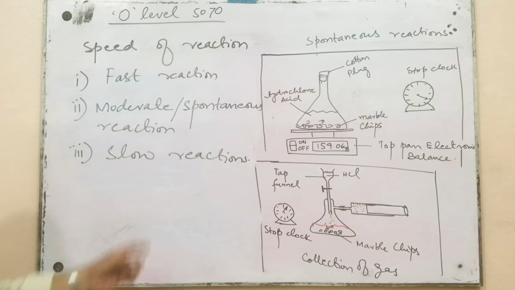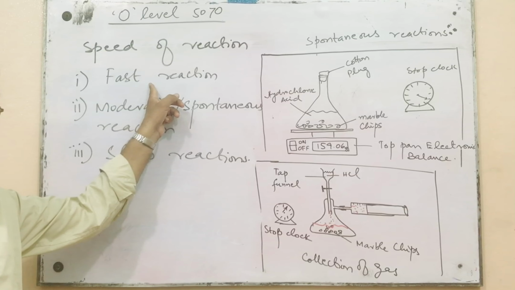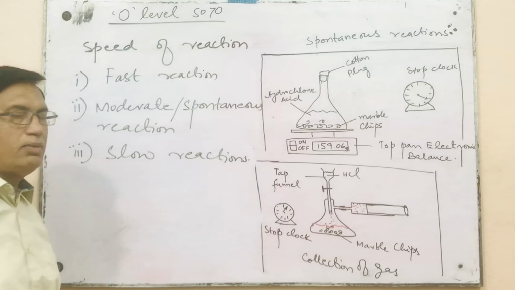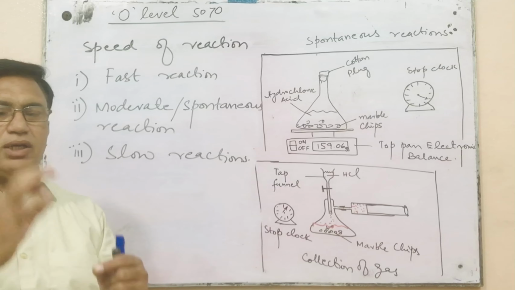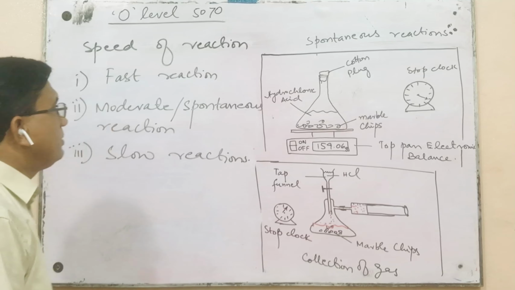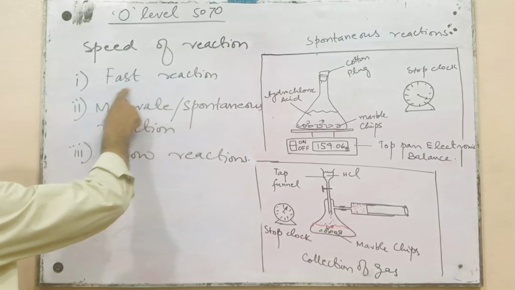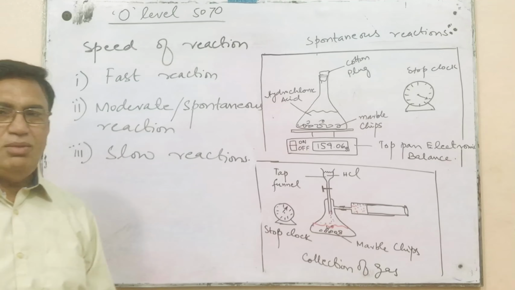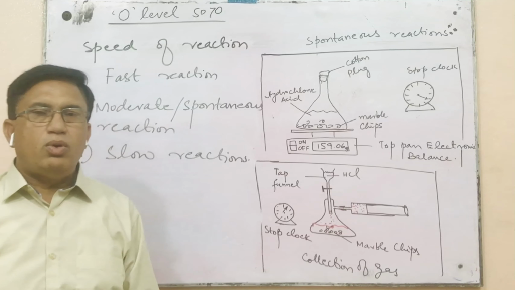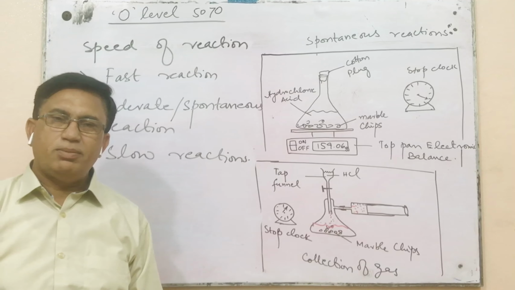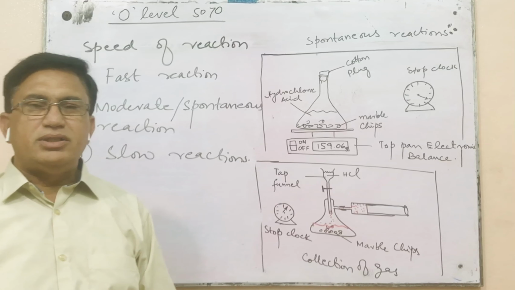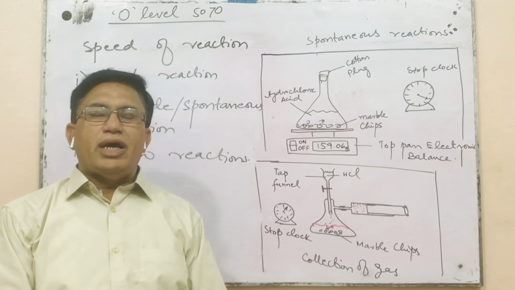Fast reactions are those reactions which take place within no time, which are completed within no time. For example, if we strike a matchstick, immediate ignition takes place. This is an example of fast reaction. Similarly, whenever an explosion takes place, too much heat energy and gases are produced, and those gases and energy have no time to escape out.